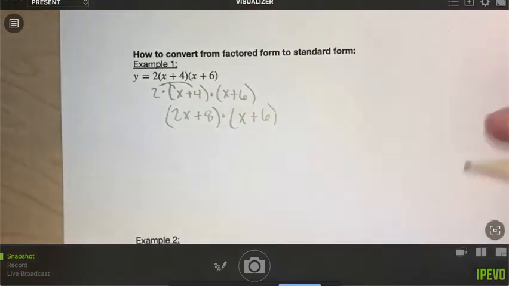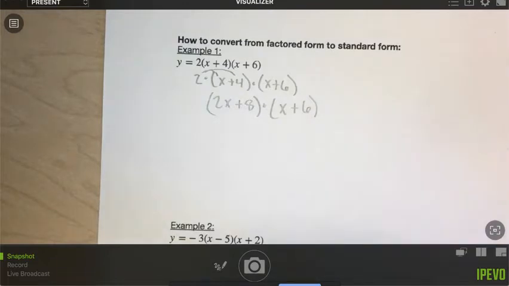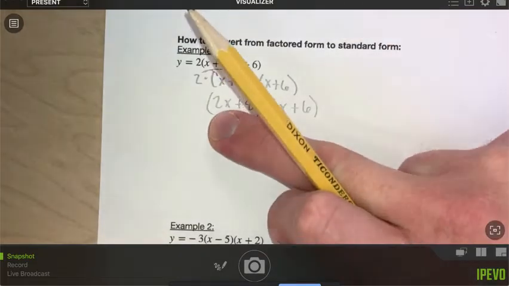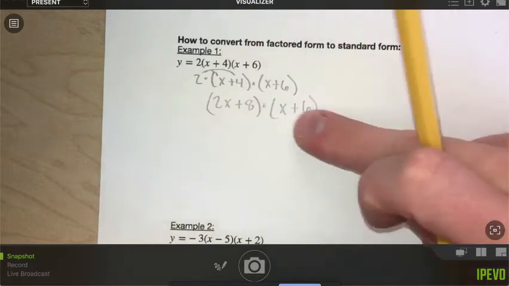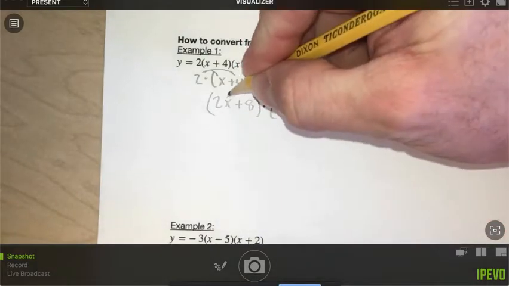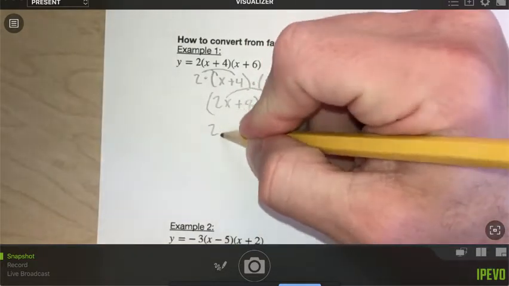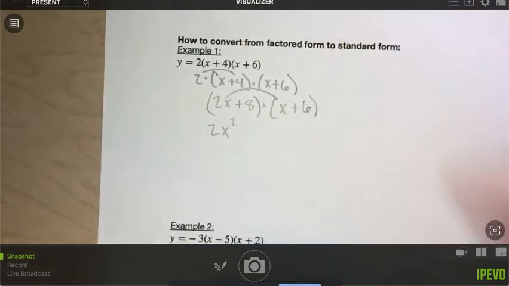And it turns out that this operates under the idea that everything here needs to be multiplied by everything in here. In other words, I need to do 2x times x. So the key here is x times x is really x to the second power.